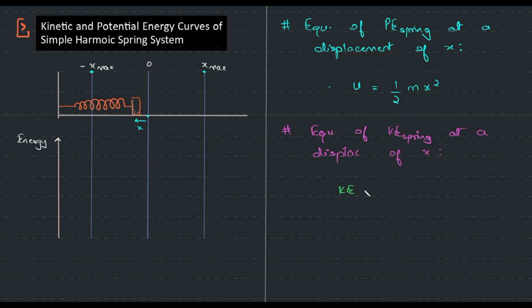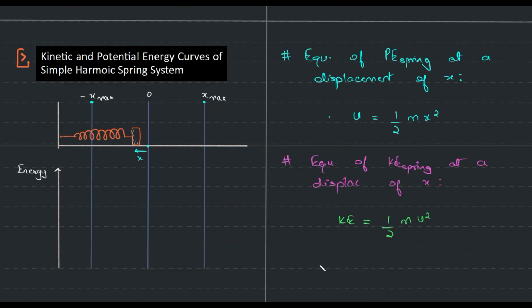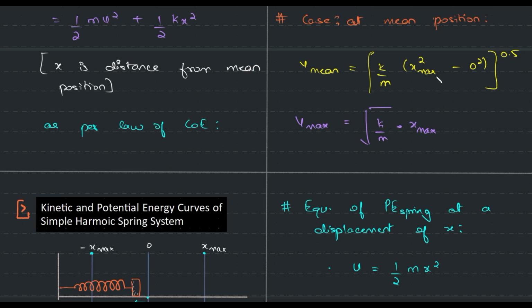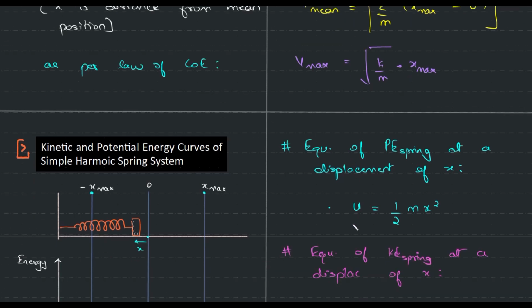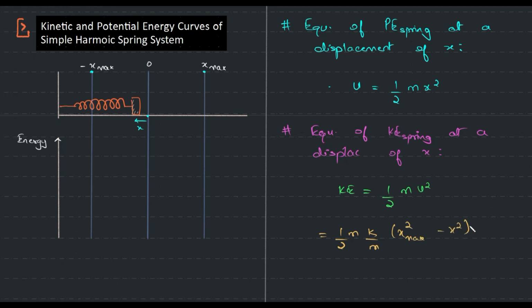So kinetic energy will be equal to half m v square, but we know that v is this big fat expression, root of k by m. So this will be half of m, k by m, times x m square minus x square. The square and square root and all of that will get cancelled, and you have this.